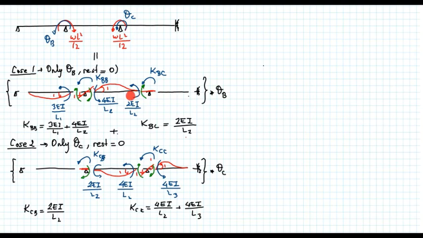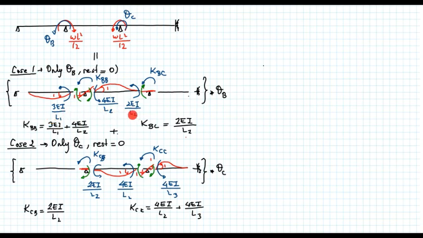Let's repeat the meaning of moments. KBB is the moment required to create a unit rotation at B, and here the KBC is the moment required to keep the rotation equal to 0 when we have a unit rotation at B. Likewise, for the second case, KCC is the moment required to create a unit rotation at C, and KCB is the moment required to keep the rotation equal to 0 at B when we have a unit rotation at C. And for these given deformed shapes, we determine all the member end forces.